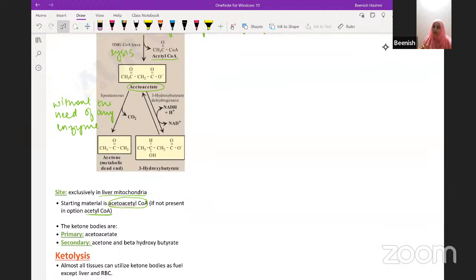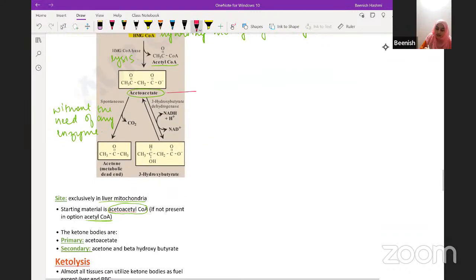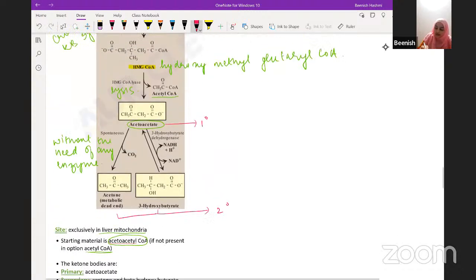Your primary ketone body is acetoacetate. Acetoacetate is considered the primary ketone body because it is the first ketone body that is synthesized.